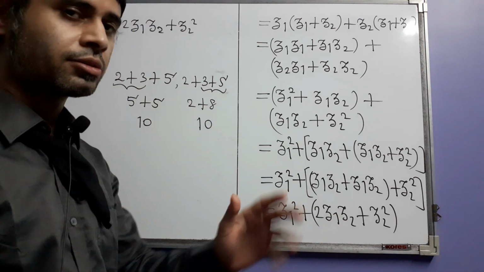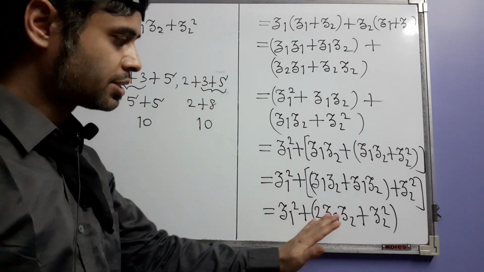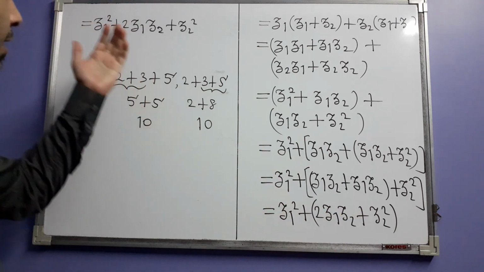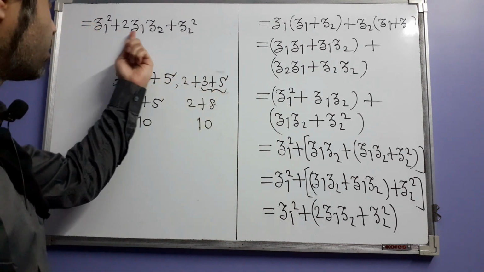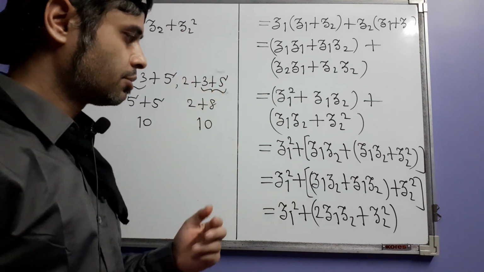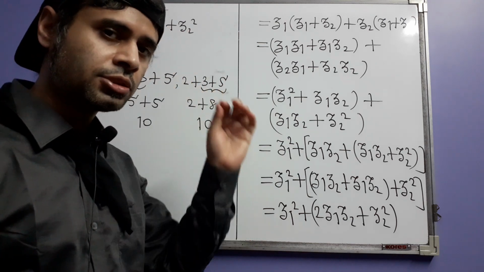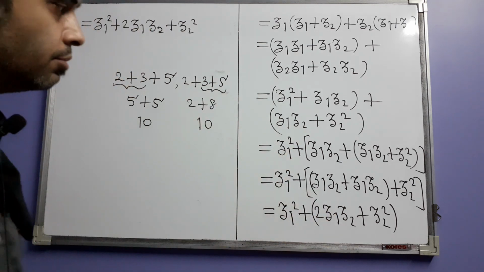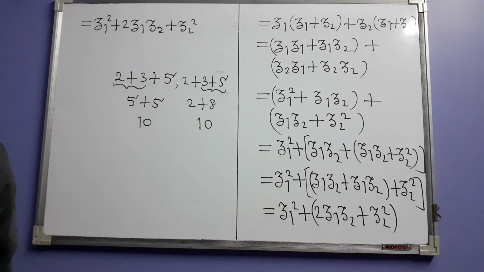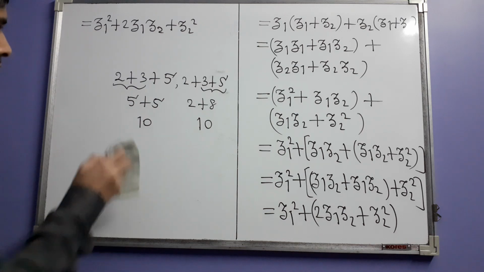That is why we do not write brackets, without causing any confusion. And you are getting back your usual formula, a squared plus 2ab plus b squared. So for complex numbers also those same formulas, not just this one, the other ones also are true. For example, these formulas are true.